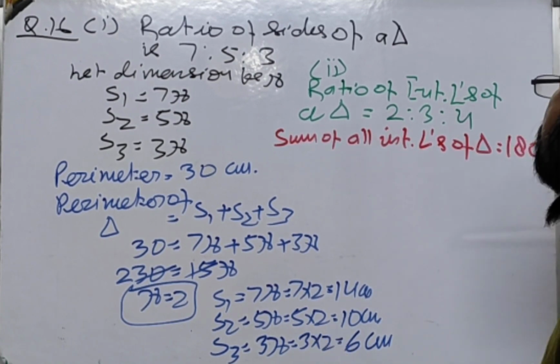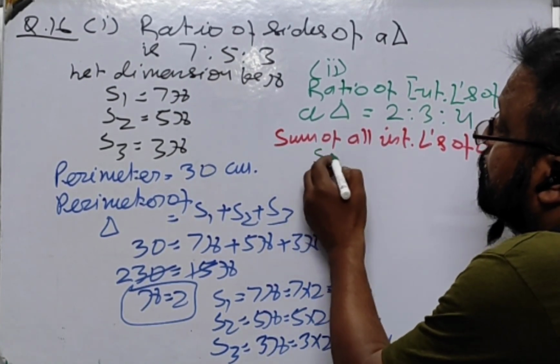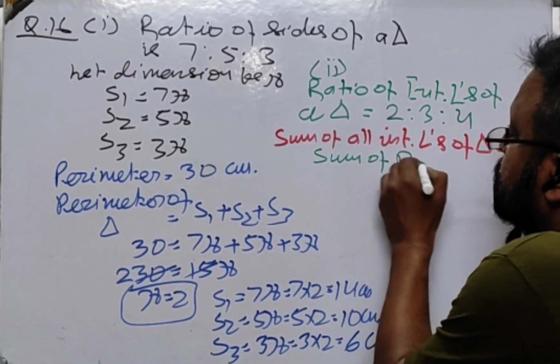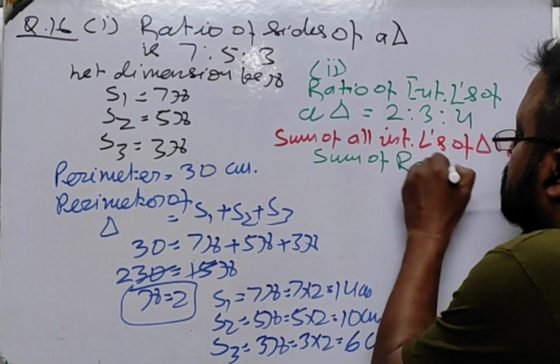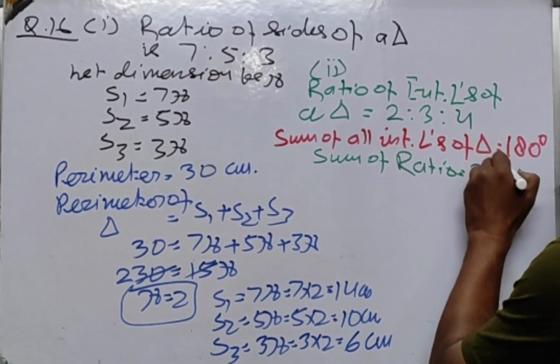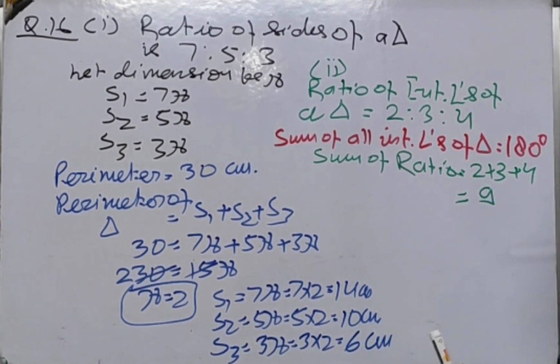So the sum of ratio is equal to 2 plus 3 plus 4, it becomes 9, right?